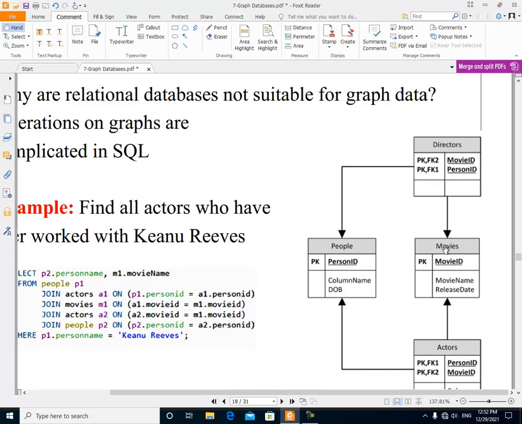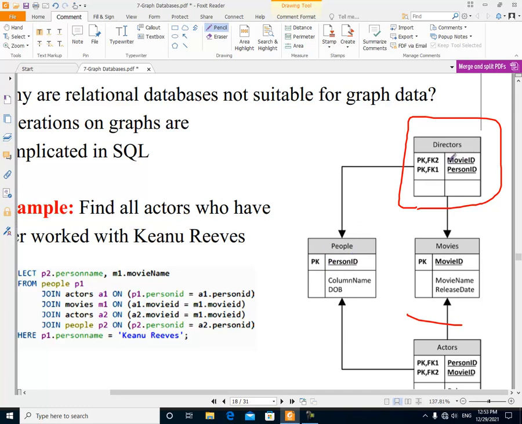Okay, this is the movies table. This is the actors. This is the people who are in each movie, the cameraman and other people. And this is the data about the directors of each movie. In each of these tables, we have some primary keys. You can see in the table movies, the primary key is movie ID, or here is person ID.